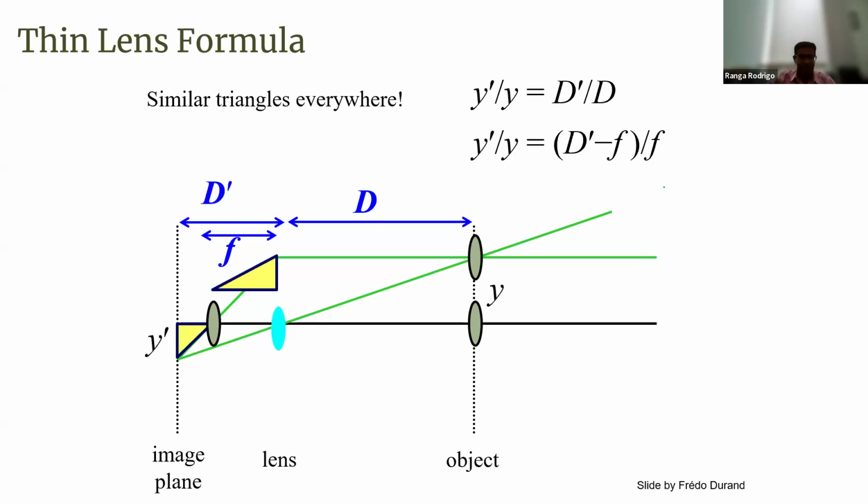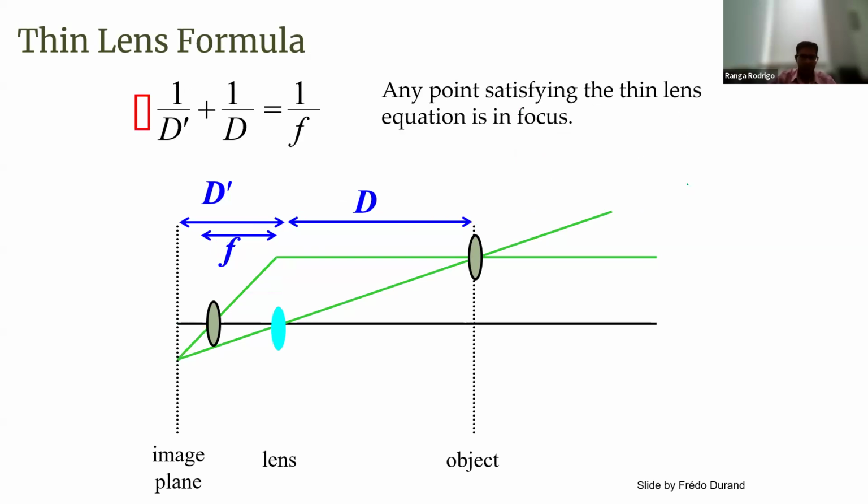So you can see d prime minus f, divided by f, is equal to y prime divided by y. So this is y and this is y prime. Using these equations, you can derive the thin lens formula, which we are familiar with.